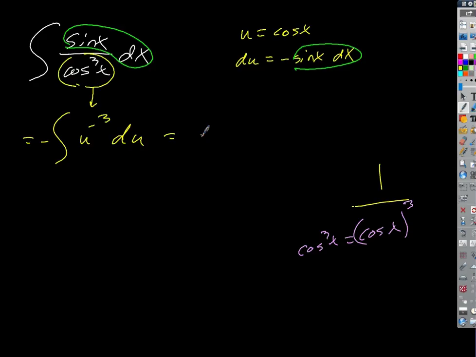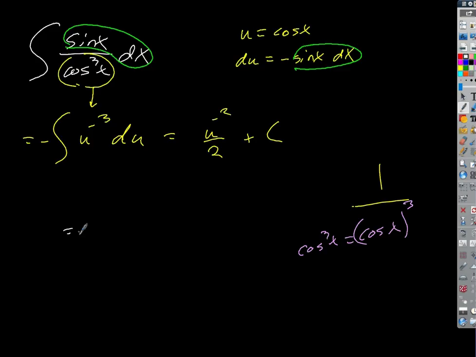So I get u to the negative 2 over negative 2, right? Good. So that gives us u to the negative 2 over 2, because that negative cancels, plus c, and reverse the substitution and we're done.